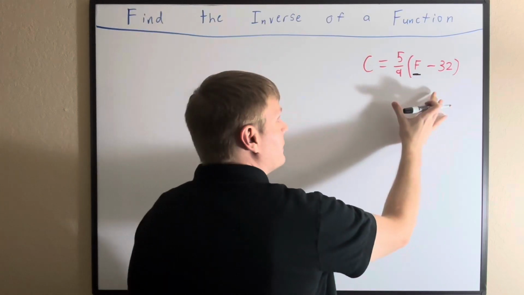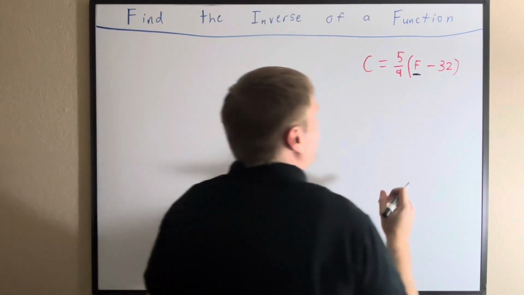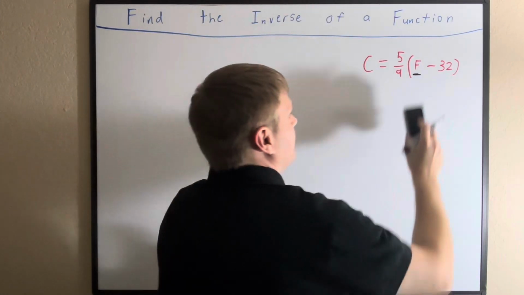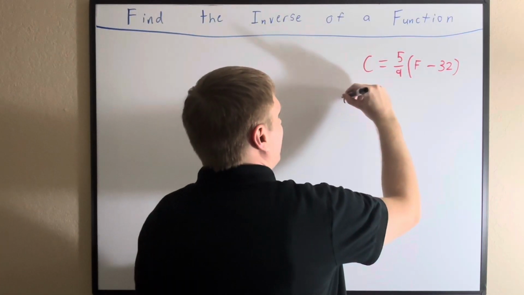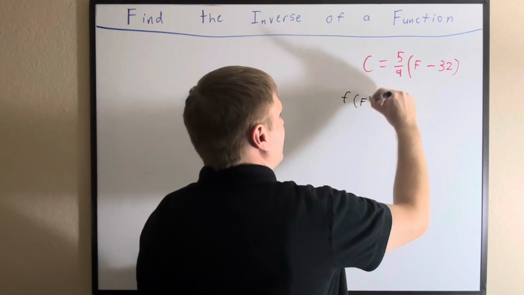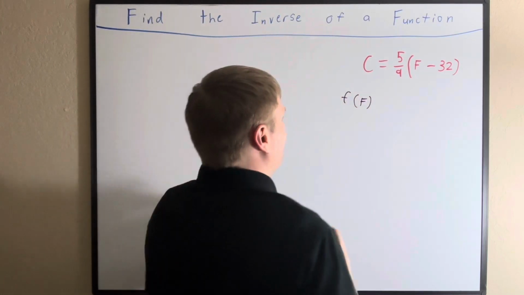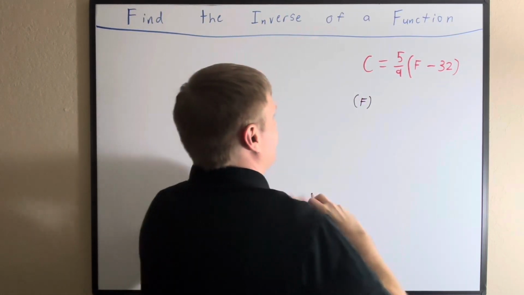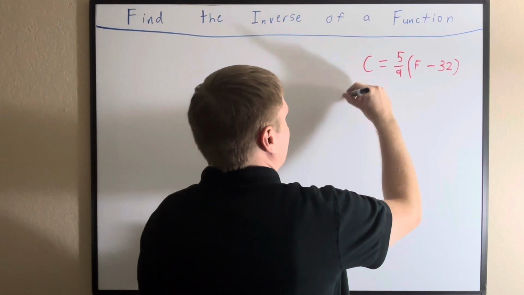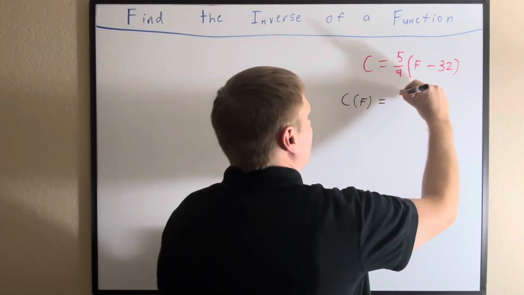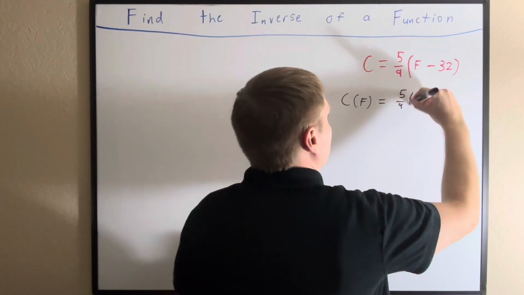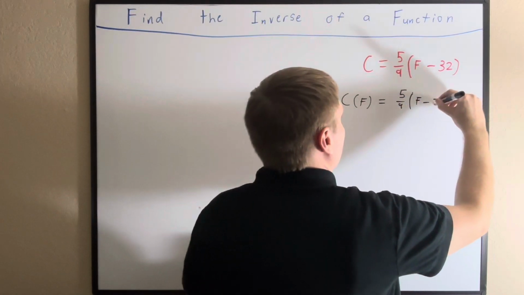This is a formula, but picture it now like it's a function, like F of capital F. Maybe that's too complicated. Let's just say C of F equals 5/9 F minus 32, right?